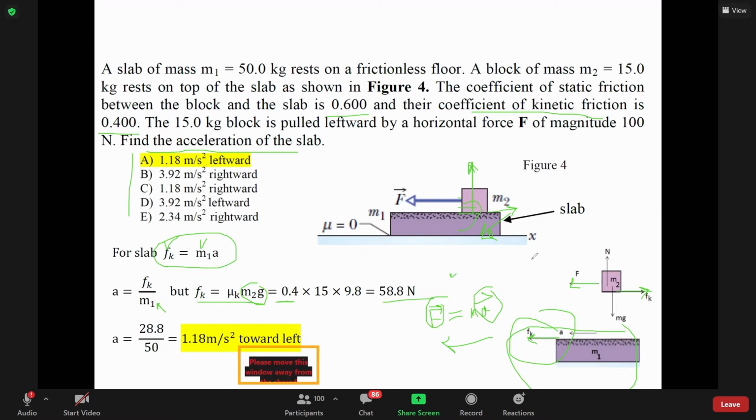Look, Muhammad, when you put a block on the floor and you attempt to slide it, there is a force of friction between the block and the floor, right? We always worry about the force of friction on the block, but we never ask ourselves what the force of friction on the floor is.